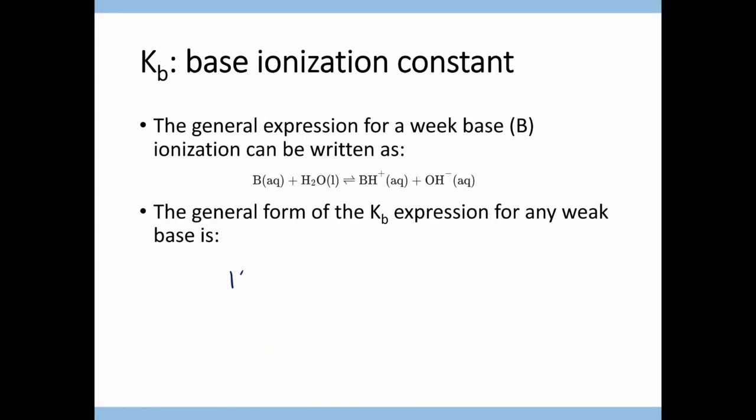So Kb is the concentration of BH plus times OH minus over the concentration of B. Again, we exclude H2O because it does not matter for this expression.